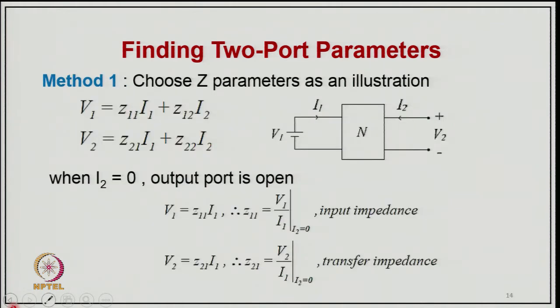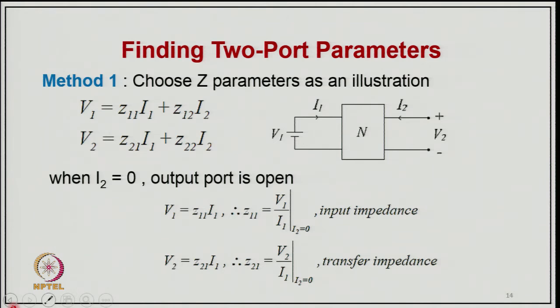So, now coming to the first method. Let us choose the Z parameters as the illustration here, where we give a voltage source V 1 and the current flow is I 1, and we keep the secondary open. So, the basic equations are V 1 equal to Z 1 1 I 1 plus Z 1 2 I 2, and V 2 equal to Z 2 1 I 1 plus Z 2 2 I 2.